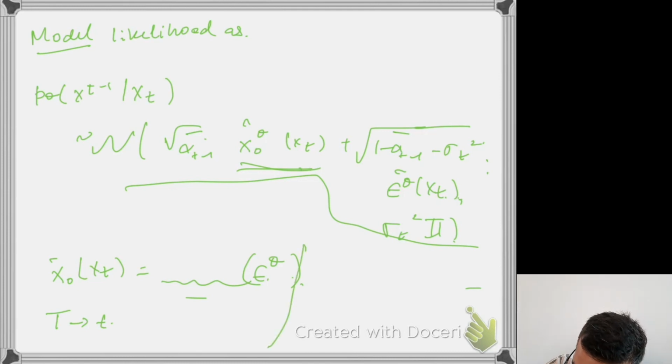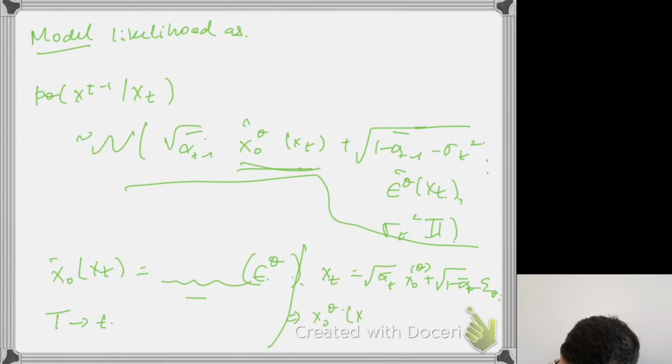Essentially x_t is square root of alpha_t bar x_0 plus square root of 1 minus alpha_t bar times epsilon_theta, right? So x_0 parameterized by theta as a function of x_t is nothing but x_t minus square root of 1 minus alpha_t bar epsilon_theta over square root alpha_t bar. So this is what we have to substitute here.